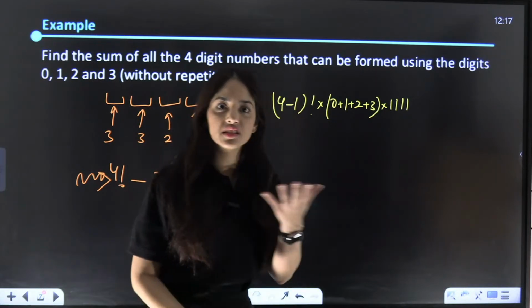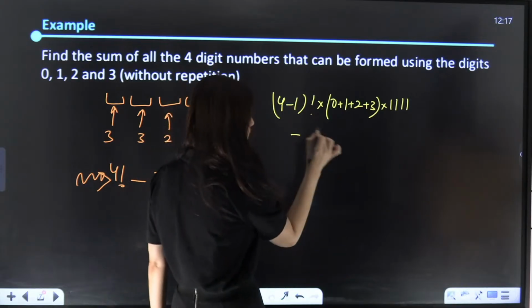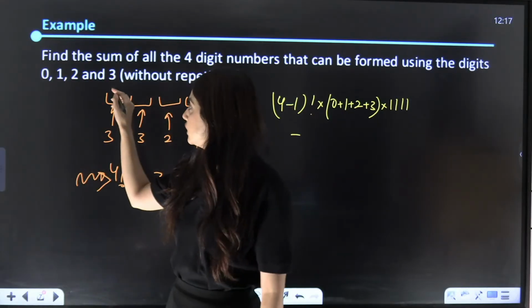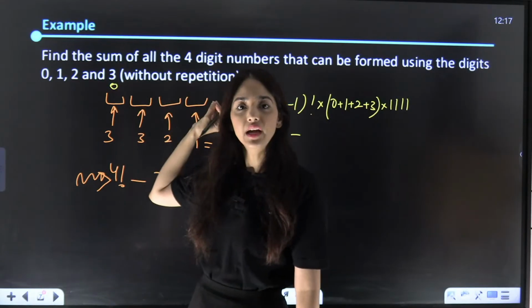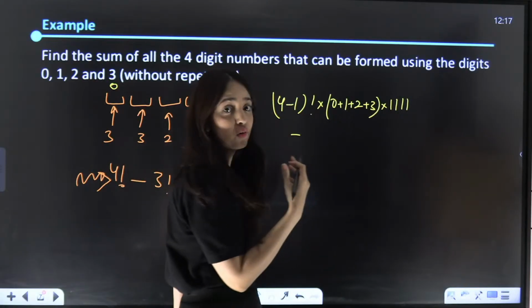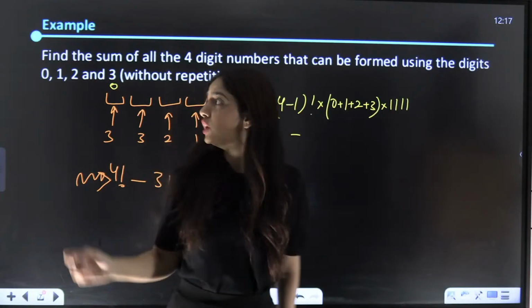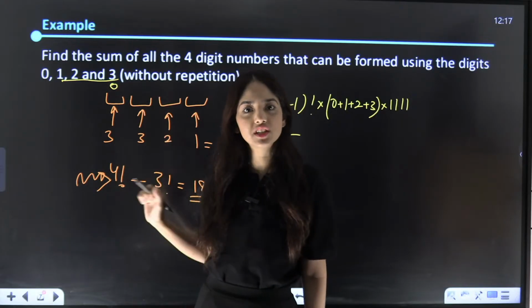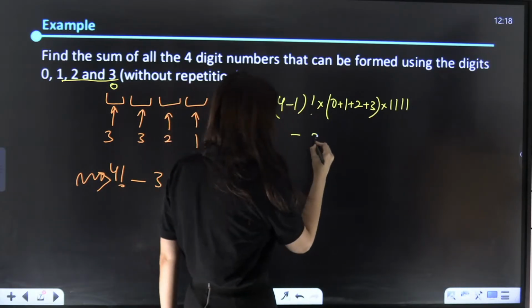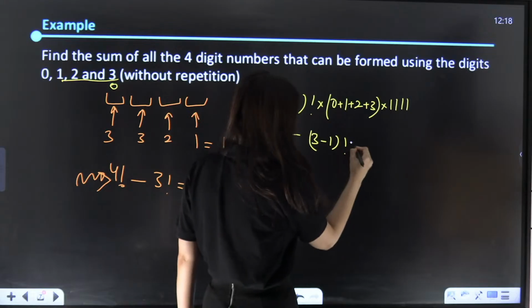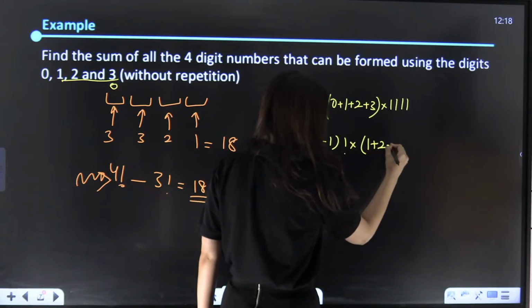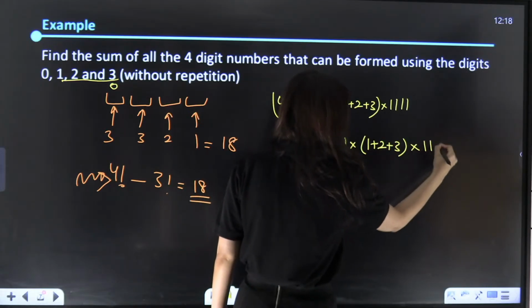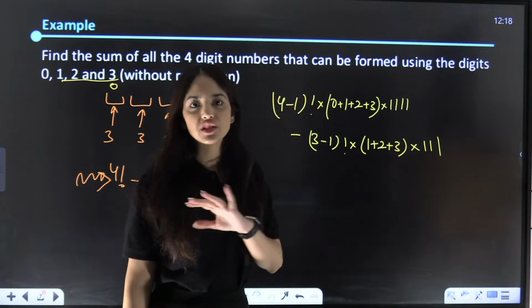Let's subtract the sum of all such numbers. So once we fix 0 here, what do we get? We have all the 3-digit numbers using 1, 2 and 3. Right, that's the sum of all such numbers. So that will be 3 minus 1 factorial into 1 plus 2 plus 3 into 1, 1, 1. And here you go. That's your final answer.